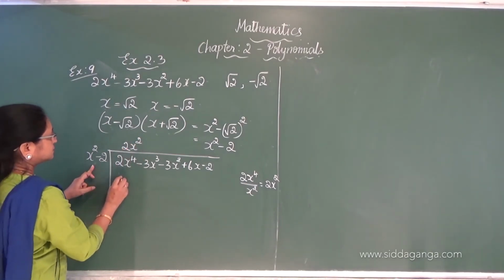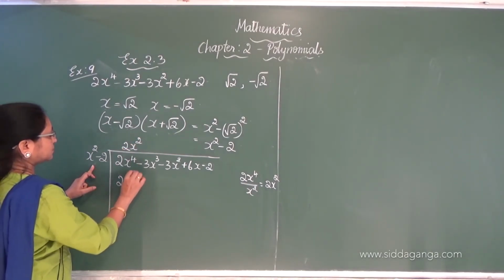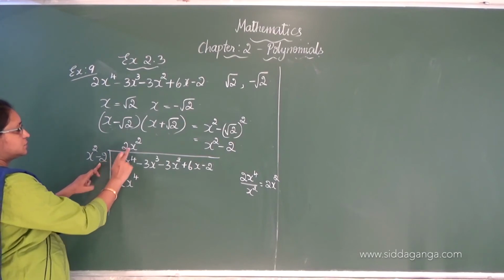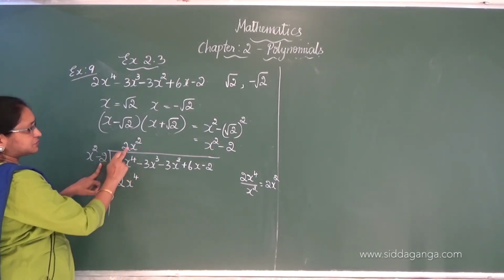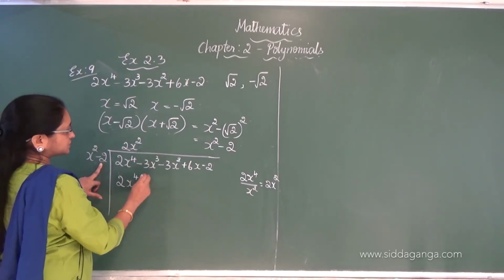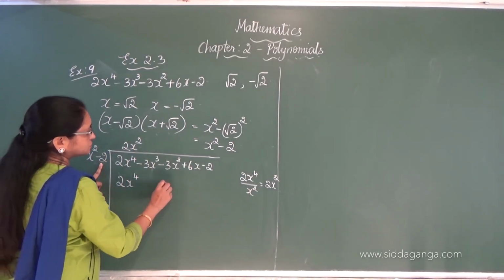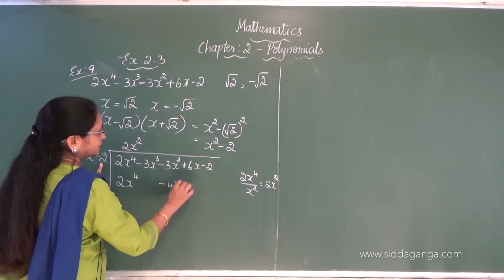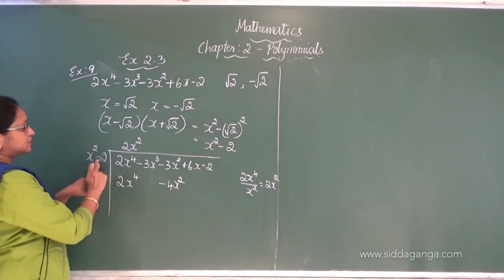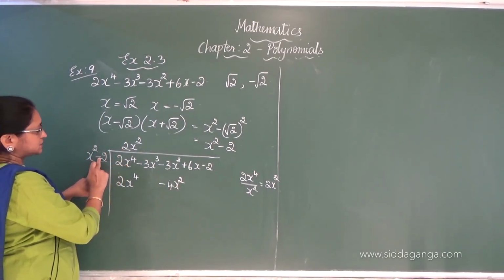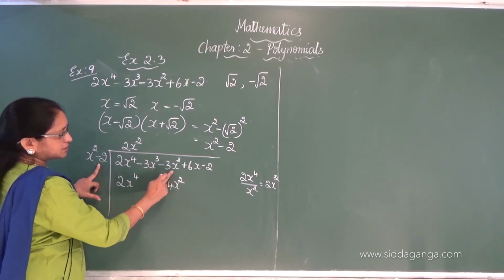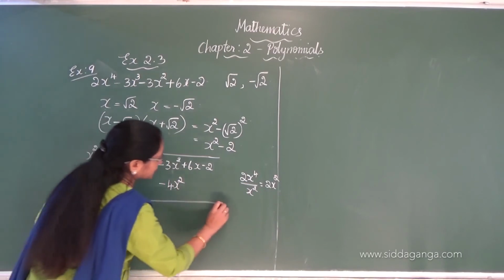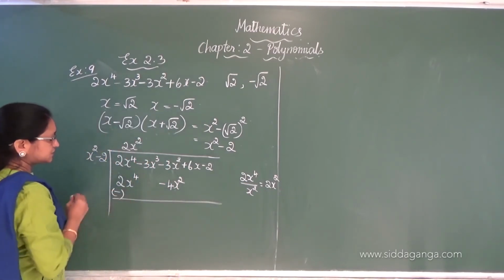So you will get 2x to the power of 4, then 2 into 2, 4x square, minus 4x square. I am writing under the like terms. Again, change the sign.